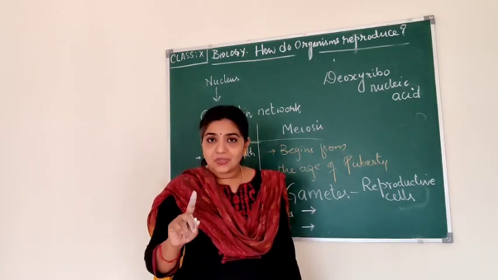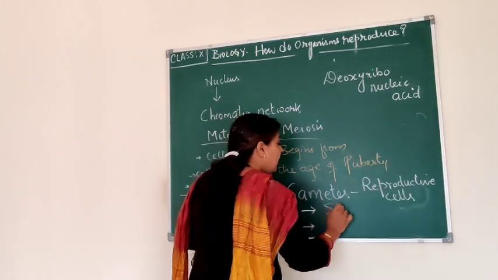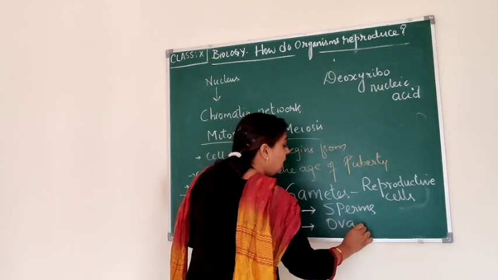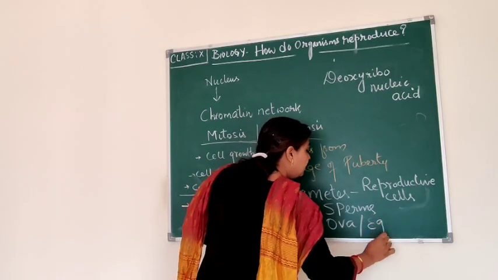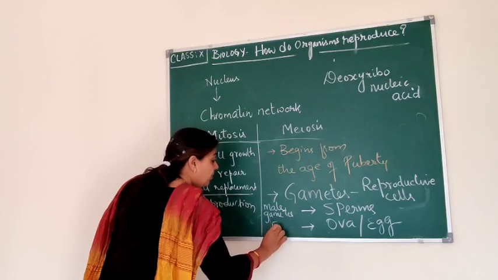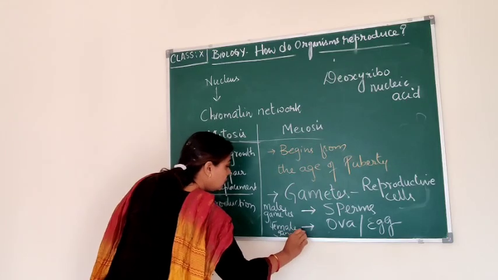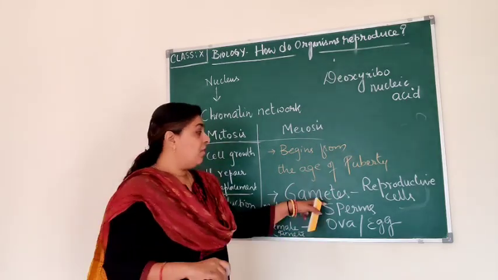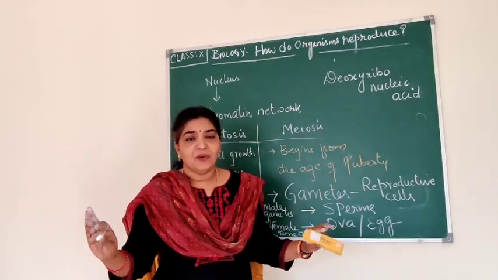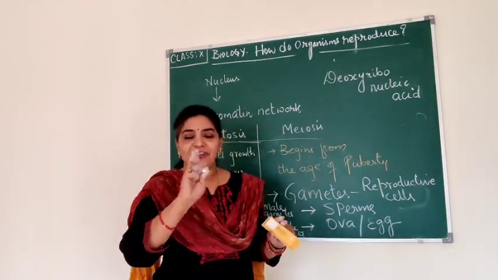Other than that, testosterone will also help in the formation of the male gametes. Male gametes are called sperms and female gametes are called ova or egg. So estrogen will help in the production of female gametes. So this also you should remember. So the formation of gametes is a function of meiosis. So this much it is clear, right? Now where all this takes place? It takes place inside the nucleus.